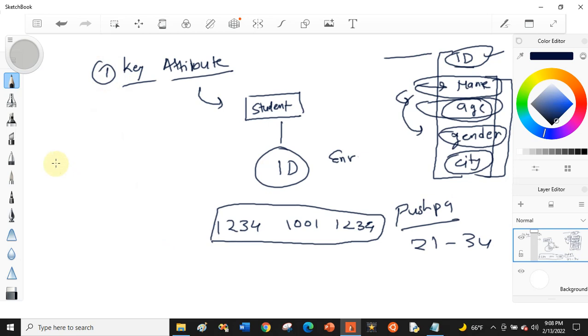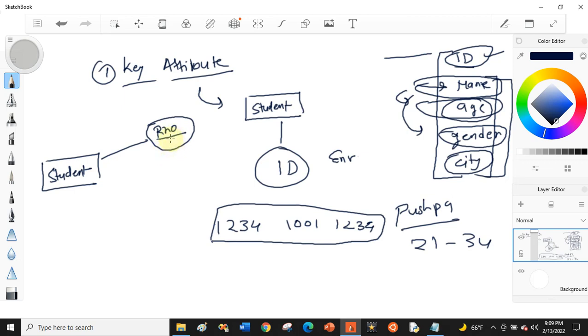When you make an entity relationship diagram, you have to write the entity like this, and you have to write the key attribute with an underline. Suppose your key attribute is roll number, you just make an underline, and this is the unique attribute of any entity relationship diagram or relation.